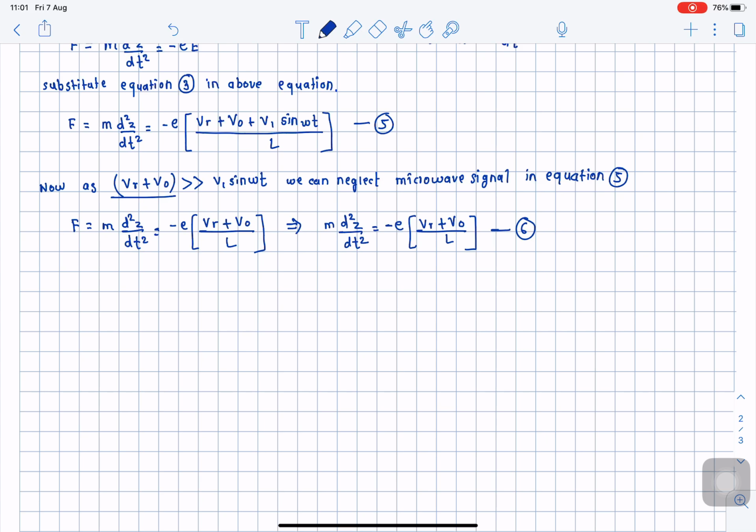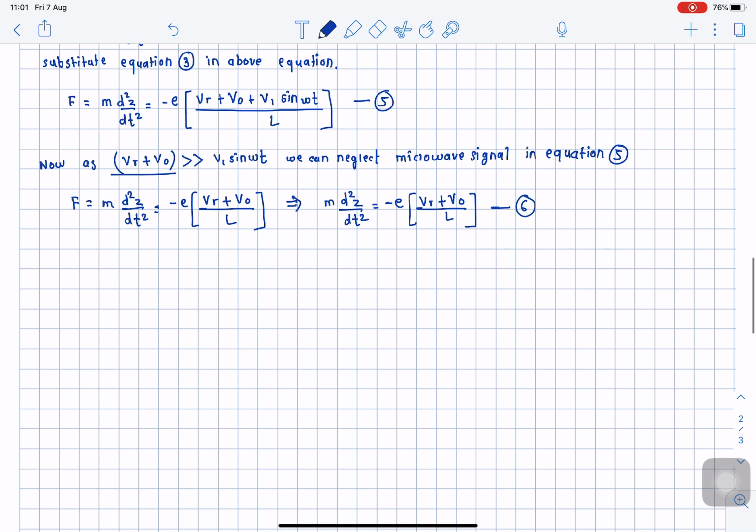Now what we can do is take this mass of the electron to the right hand side.